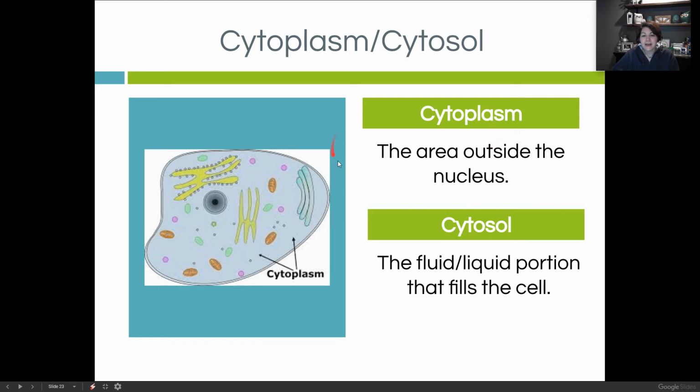The cytoplasm is defined a little bit differently. The cytoplasm looks at the nucleus and says everything outside the nucleus is called the cytoplasm. So it's more like an area, but a lot of times you'll hear the liquid called cytoplasm instead of cytosol, and that's okay for our purposes this year.